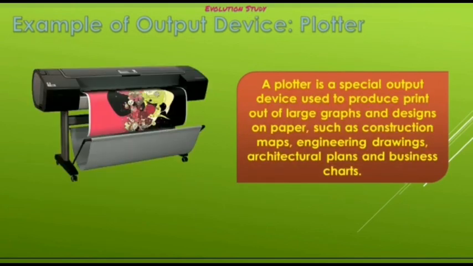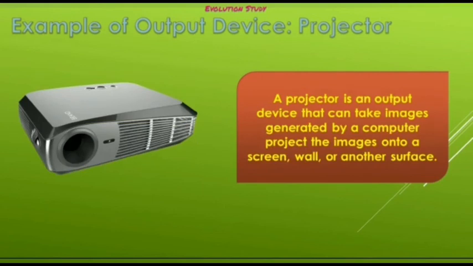Plotter is a special output device used to produce the print out of the large graphs and designs on paper, such as construction maps, engineering drawings, architectural plans, and business charts. And a projector is an output device that takes the images generated by a computer, project the images onto a screen, wall, or another surface.